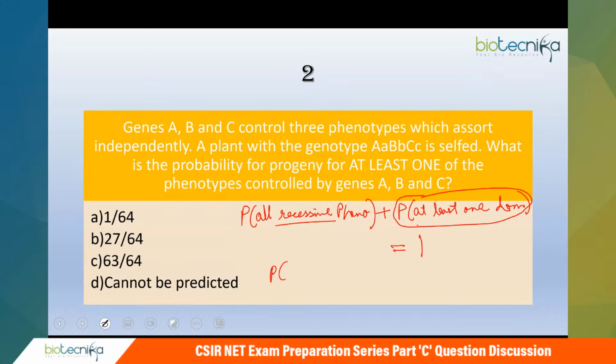The probability of at least one dominant will be equal to 1 minus the probability of all recessive. Now, once you have got it, this probability is easy to calculate. Why? Because all recessive will have only one possible genotype. Can you quickly write it down? What is the possible genotype of all recessive?